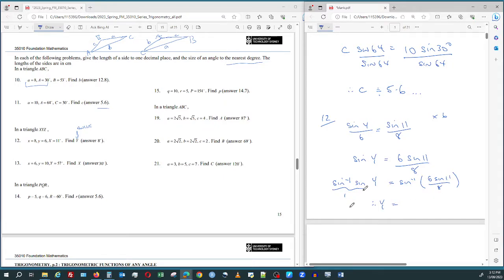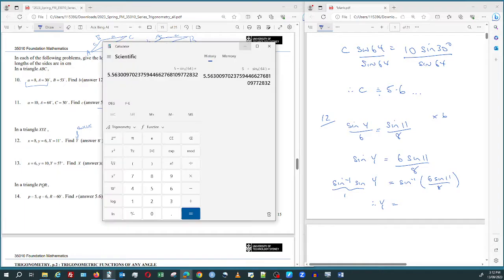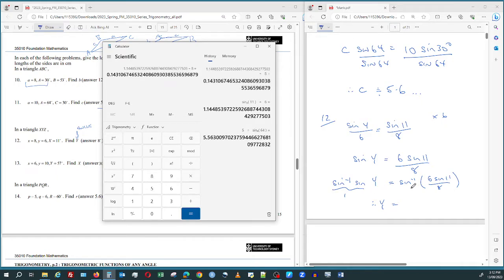So let's have a go at that in the calculator. Okay? Let's clear all this stuff away. So let's have a look. So we've got sine 11 times 6 divided by 8 and sine to the minus 1.